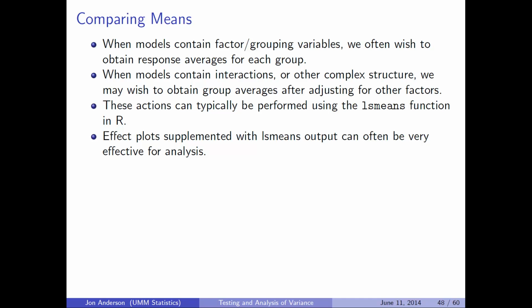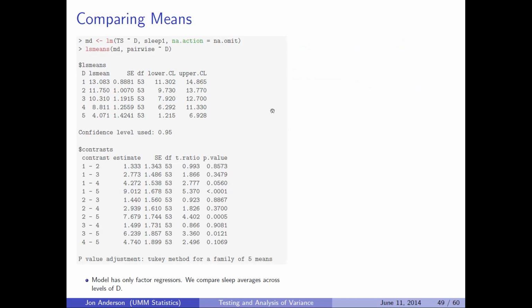These are very complicated but really important kinds of computations. Effect plots help us do this, but the workhorse is really the LS means function in R. So let's take a look at an example of how to use it.